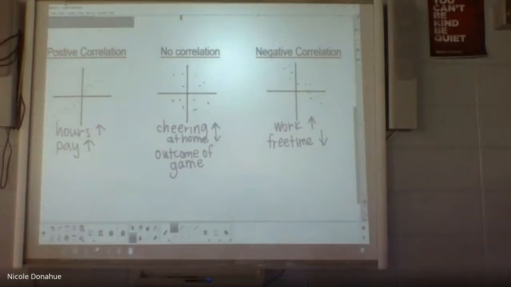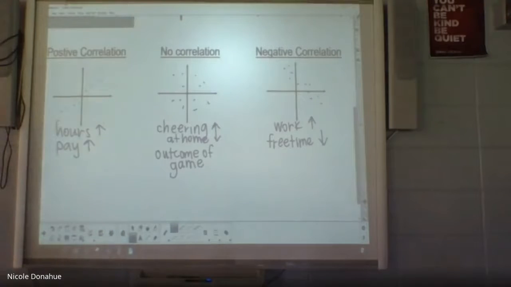Now, obviously, we know some outliers. We know teams that win all the time. It doesn't matter if they have fans or not, or that lose all the time. It doesn't matter if they have fans or not. But again, the cheering at home does not impact that at all. Okay? So positive, no correlation, or negative correlation.